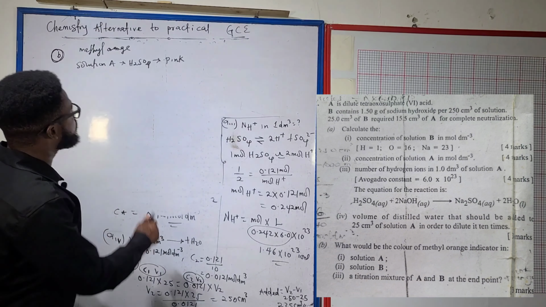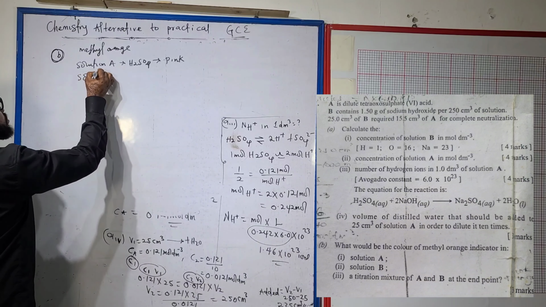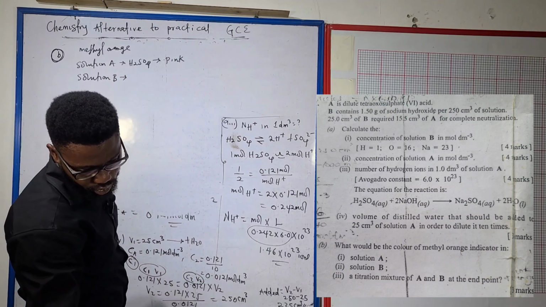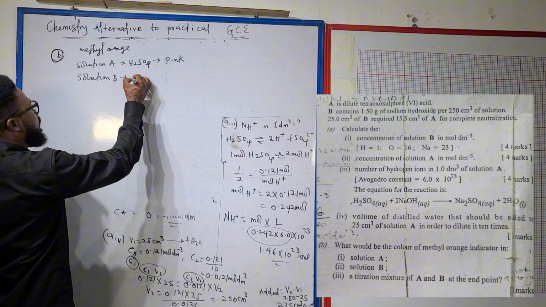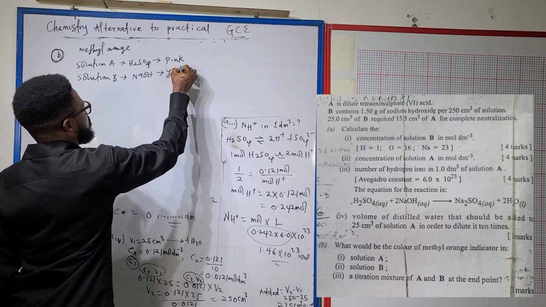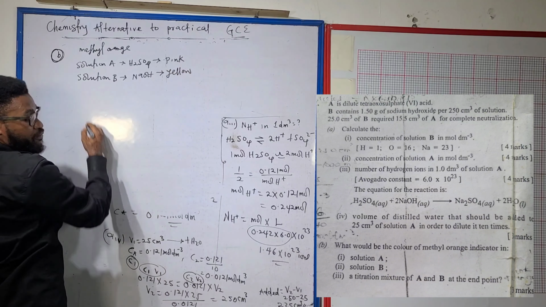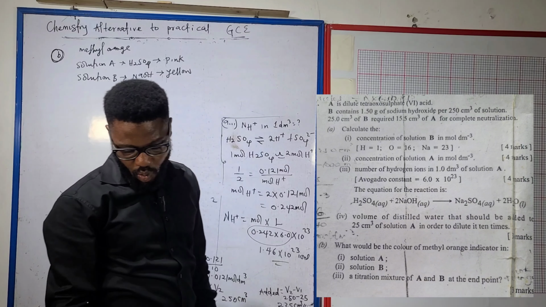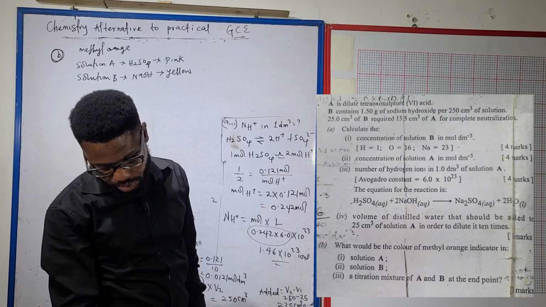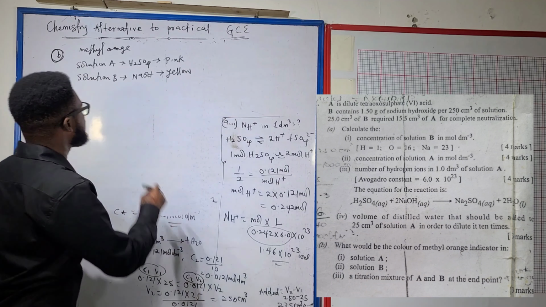What will be the color in solution B? Solution B, according to this question, is sodium hydroxide. That should be yellow. And I was also asked what the color will be in a titration mixture of A and B at the end point.